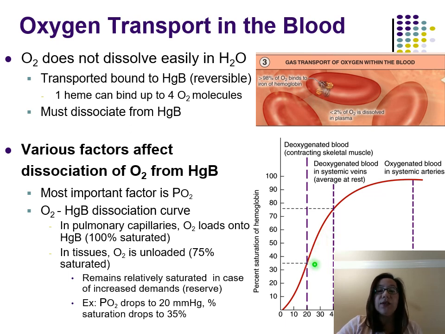That is going to be delivered to those tissue cells, and then when they leave, it is now somewhere around 35% saturation. So really that is all we're focusing on here on the saturation curve. It is just showing you the relationship to the saturation of hemoglobin, and also showing you how partial pressures are going to be a driving force for the unloading of oxygen.